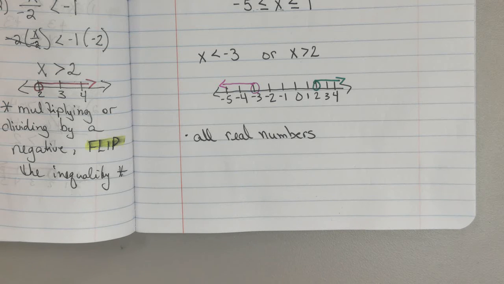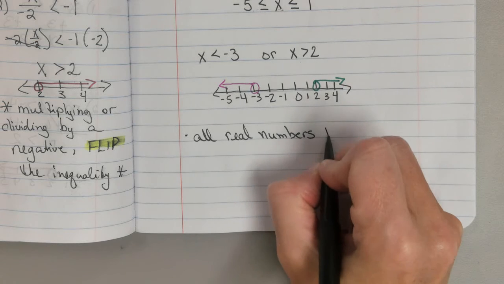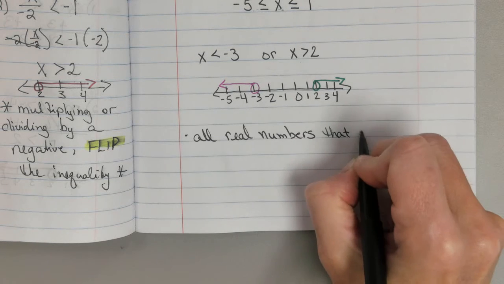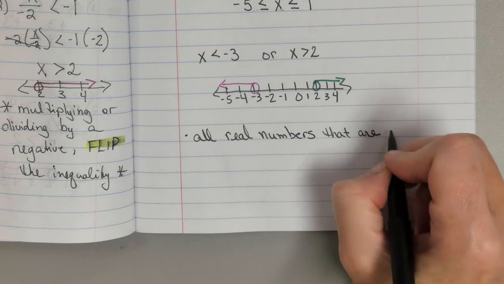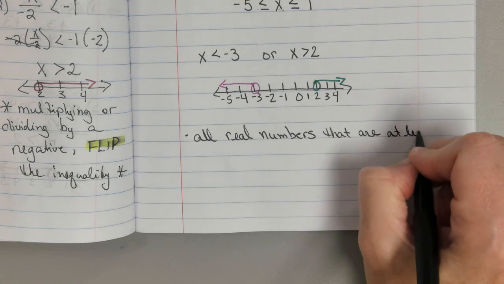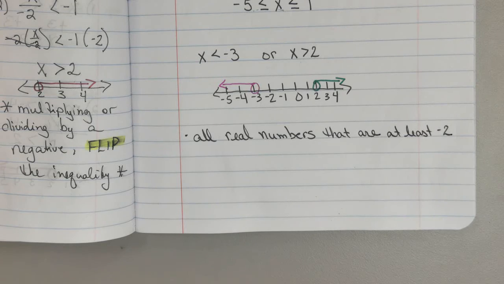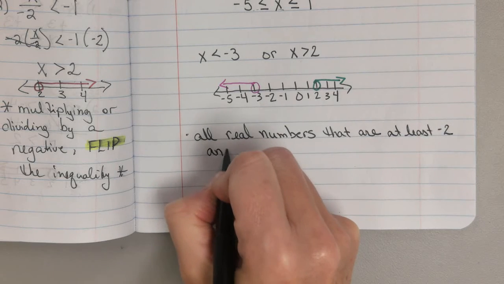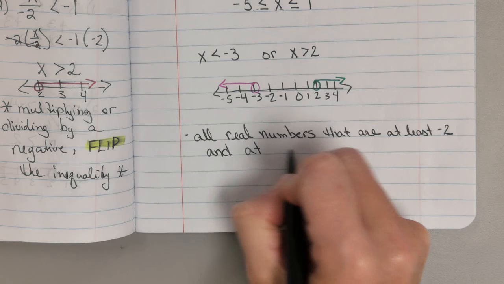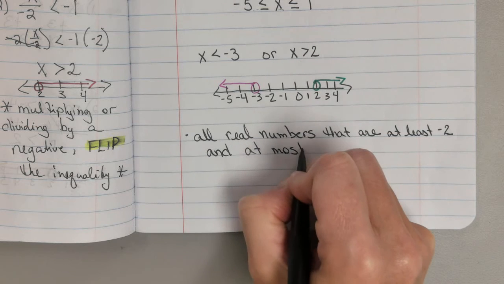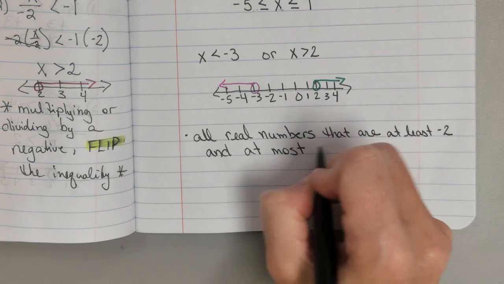When you get into higher math, you'll learn about other number systems. But all real numbers that are at least -2 and at most 4.